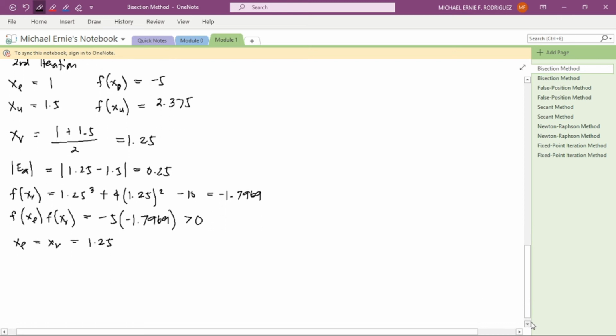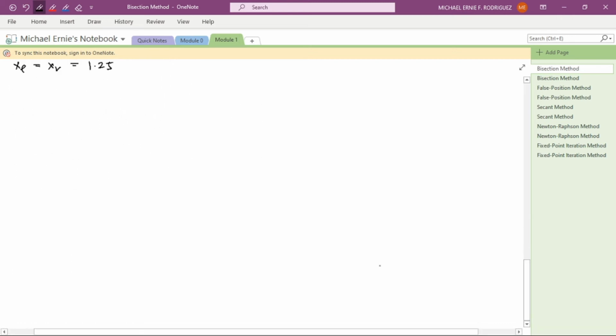Continuing on with the iteration, for the third iteration, we use the values x sub L is equal to 1.25 and x sub U is equal to 1.5.